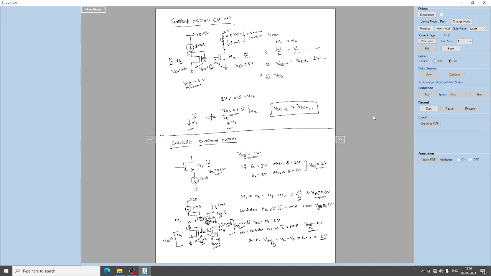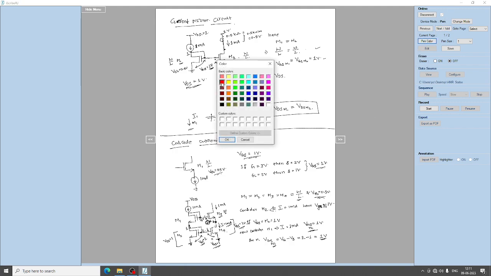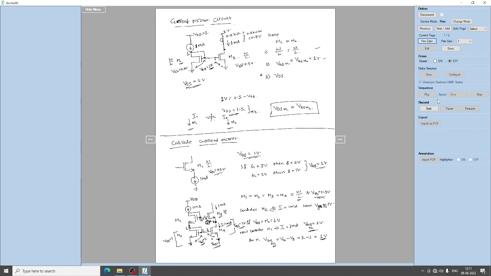Understood? So the transistors M2 and M4 act as a base current mirror, because W by L ratio of M2 and M4 are same, VGS of M2 and M4 are same, and also VDS of M2 and M4 are same.